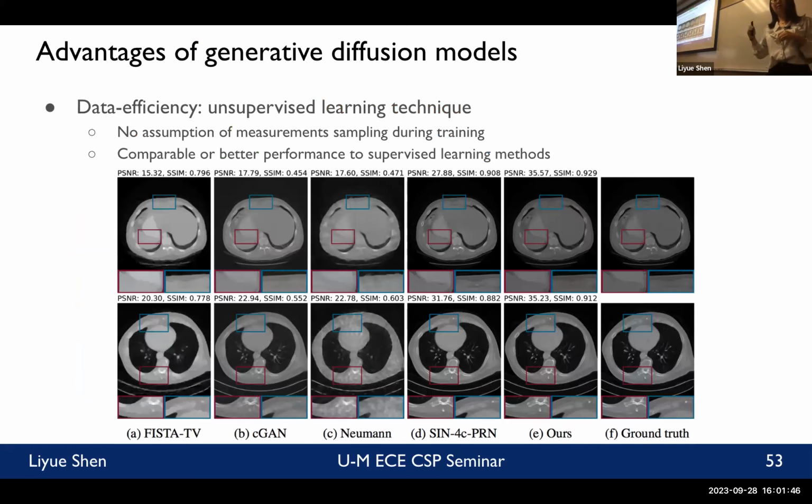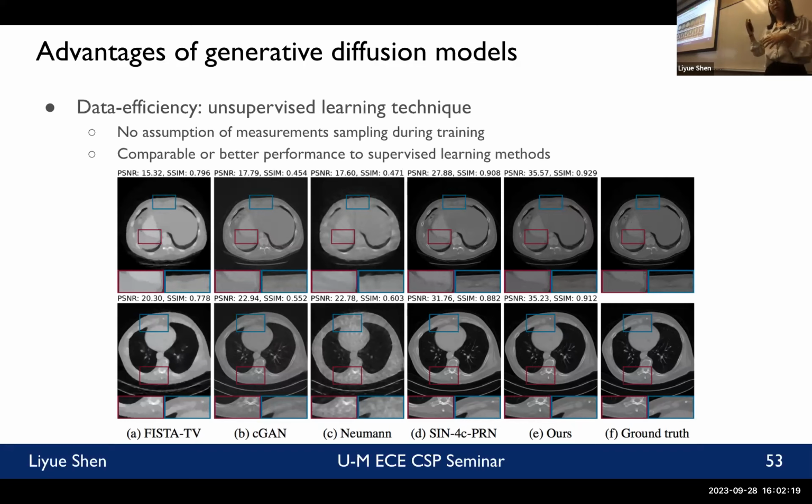The first unique advantage of the generative diffusion model is data efficiency. This is a totally unsupervised learning approach, which means that during training, all we have is the clean image. We use the diffusion model to capture the distribution of the clean image without any assumption about the measurements during training, which means we only train a single model that can be applied to different sampling processes or different inverse problems.